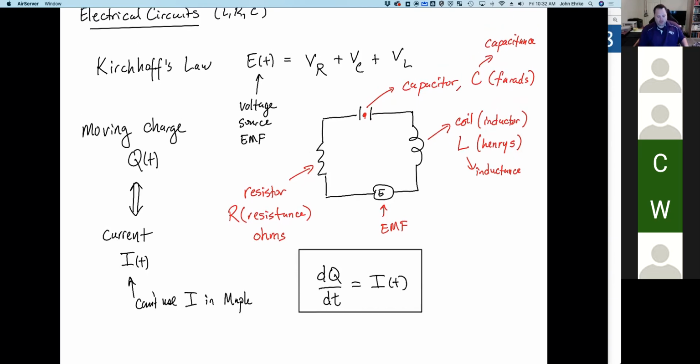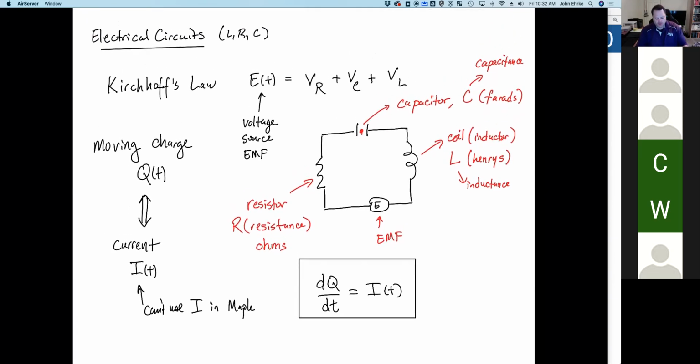Now, I wanted to show you a little image here to explain a little bit more about how a circuit works in the real world. And I wanted to show you an example of an LC circuit, which is a circuit that has a coil and a capacitor, but it doesn't have a resistor. These are some of the more interesting ones. Let's see if I can get that.